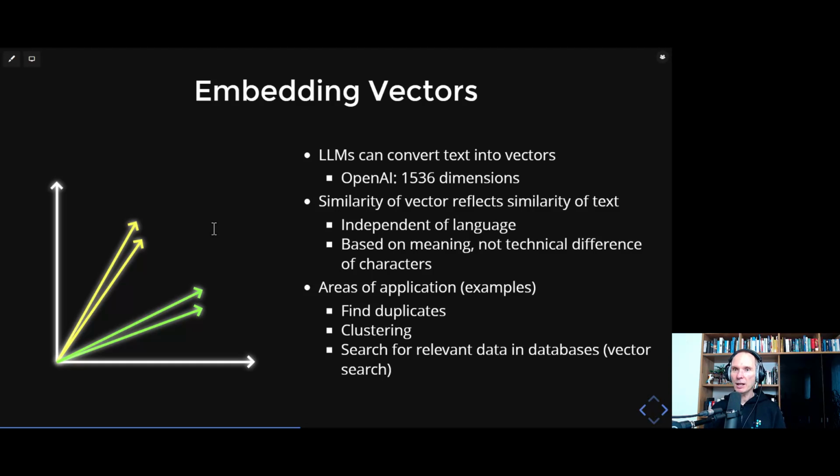I am looking for information about process XYZ in this customer project. Then you can calculate the embedding of the question and compare it with the embeddings of all your knowledge base articles. And by that, you can find knowledge base articles which might be relevant for answering the question of the user.